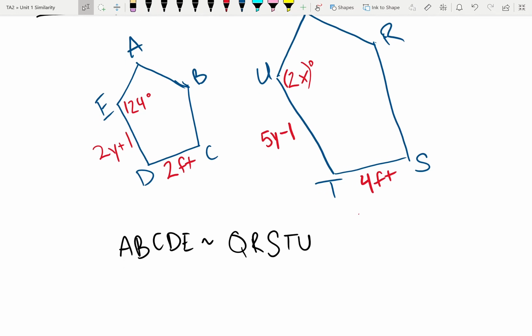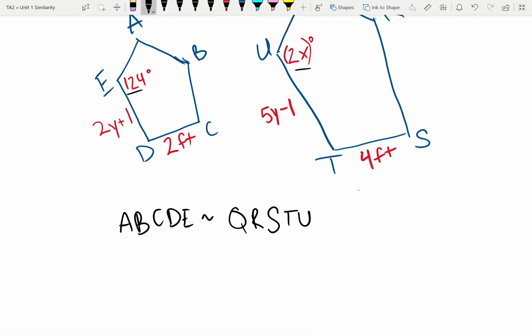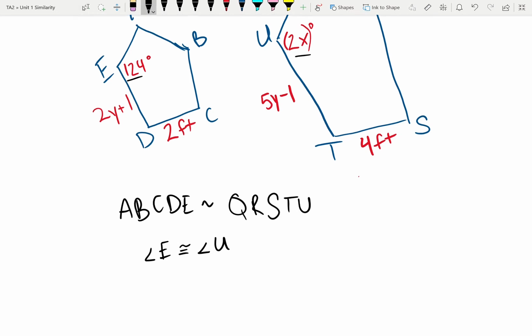Let's go ahead and find x first, since that'll be a little bit easier to show. If we know that similar figures have corresponding congruent angles, then if we look at 124 degrees and 2x degrees, we don't know what x is, but we can easily figure that out. Since these are similar figures, angle E is congruent to angle U. So if angle E is 124 degrees, then that's equal to 2x.